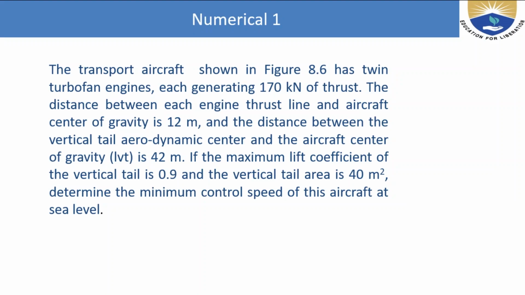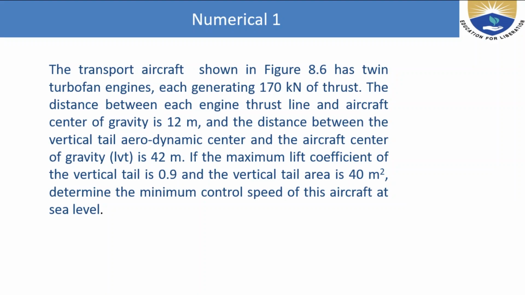The distance between each engine thrust line and the aircraft center of gravity is 12 meters, and the distance between the vertical tail aerodynamic center and the aircraft center of gravity is 42 meters. If the maximum lift coefficient of the vertical tail is 0.9 and the vertical tail area is 40 meters square, determine the minimum control speed of this aircraft at sea level.